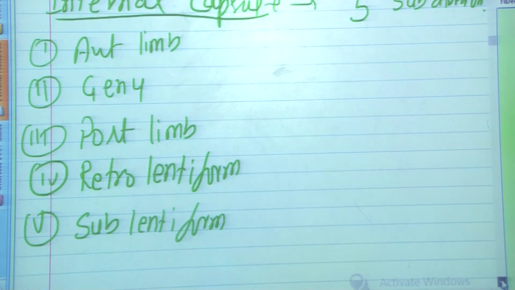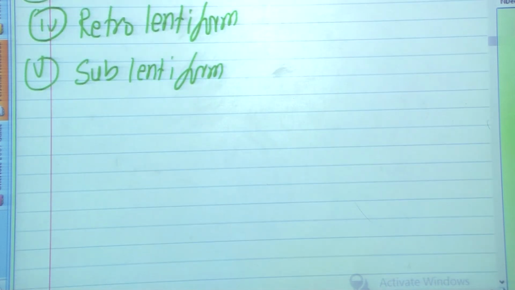Now understand this with the help of the diagram I am making. See, this is the sagittal section, this is coronal section, and this is the transverse section. So I am making the transverse section of brain.